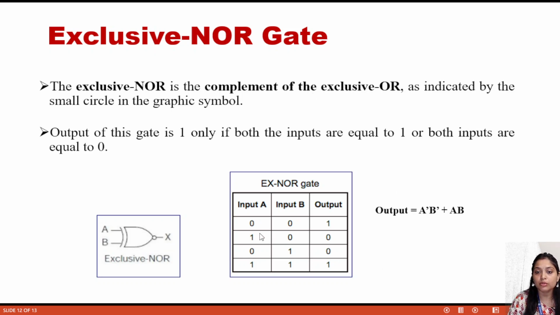Again we take the same combination, 0 0, 0 1, 1 0, 1 1. Here the output will come 1 0 0 1. You can see that only when both the inputs are the same, 0 and 0, 1 and 1, the output goes high, otherwise in any other combination the output goes low.